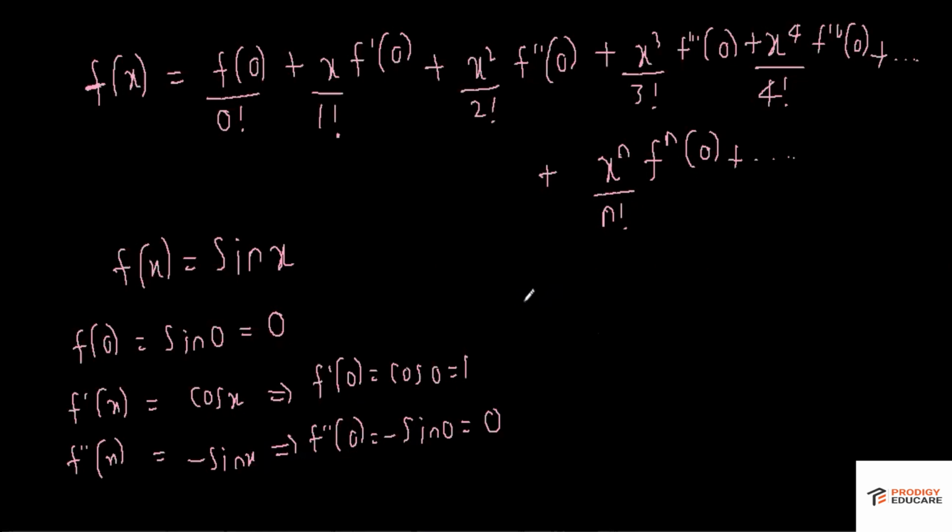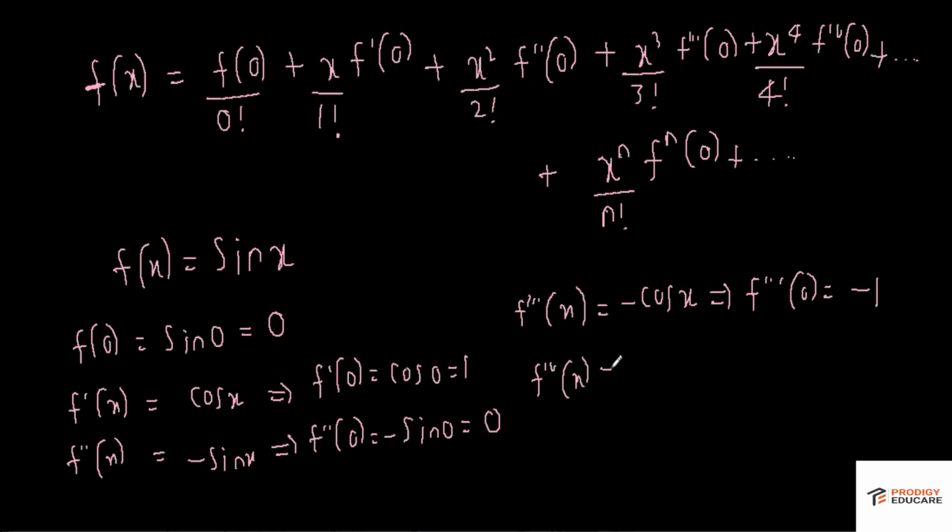Then I'll write f triple dash of x. Differentiation of sine x is cos x, but since we have a minus sign here, we'll get minus cos x. From that I can write f triple dash of 0 is minus 1. As you know, cos 0 is 1 and we have a minus sign here. Then I'll differentiate it 4 times.